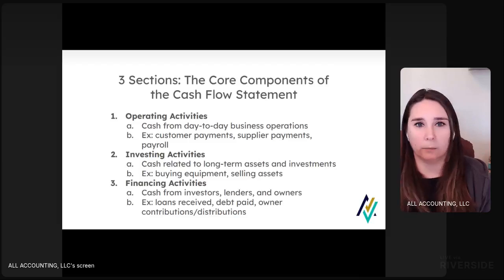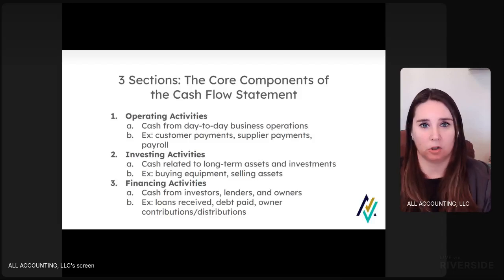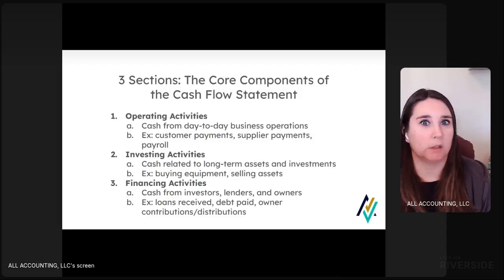And then supplier payments. Sometimes you may be set up on a net 30 or a net 60 with your main suppliers. So this is seeing what bill came in and you're putting onto your business, and what the actual cash is that has gone in and out of your business.